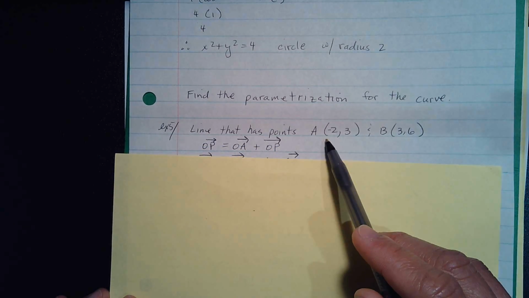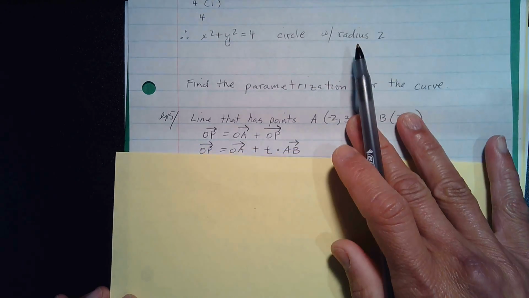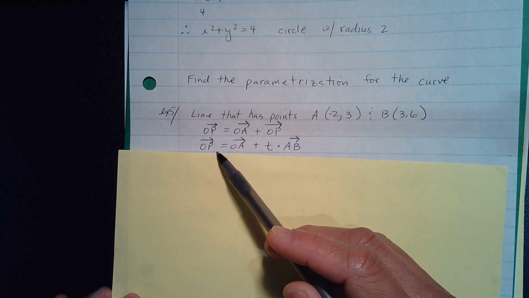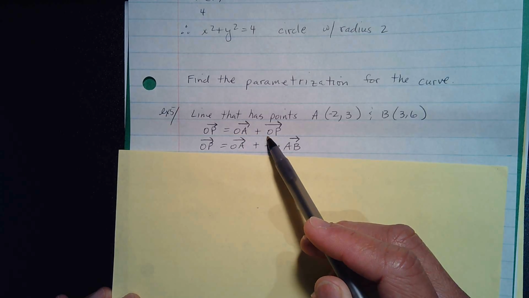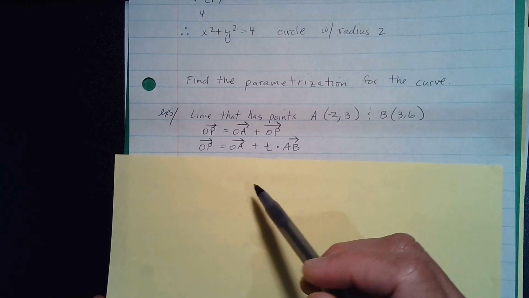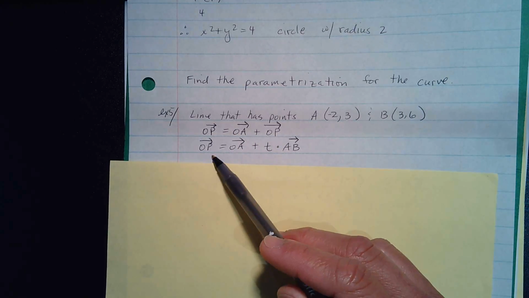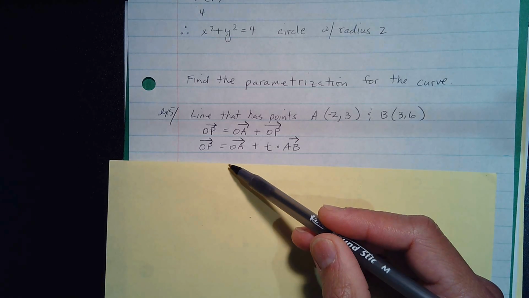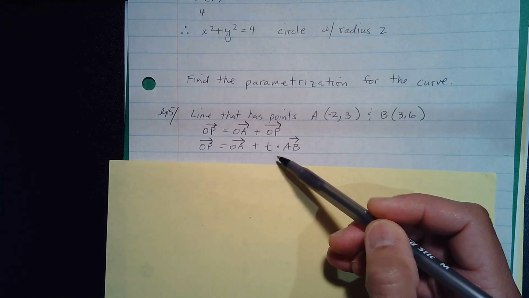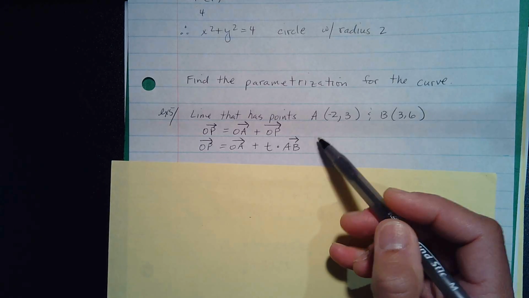So this is a line that has points A and B. This is just a general rule. Vector OP is equal to vector OA plus T times vector AB.